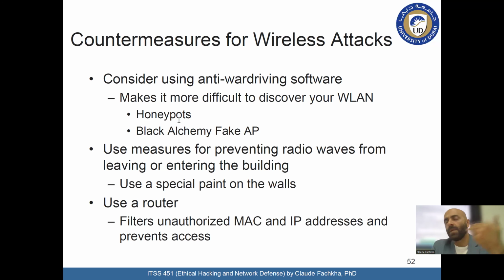Honeypots, fake IPs, fake access points, we have already discussed this. You need to know how it works. These are also solutions to trap the hackers and learn more about the attackers.